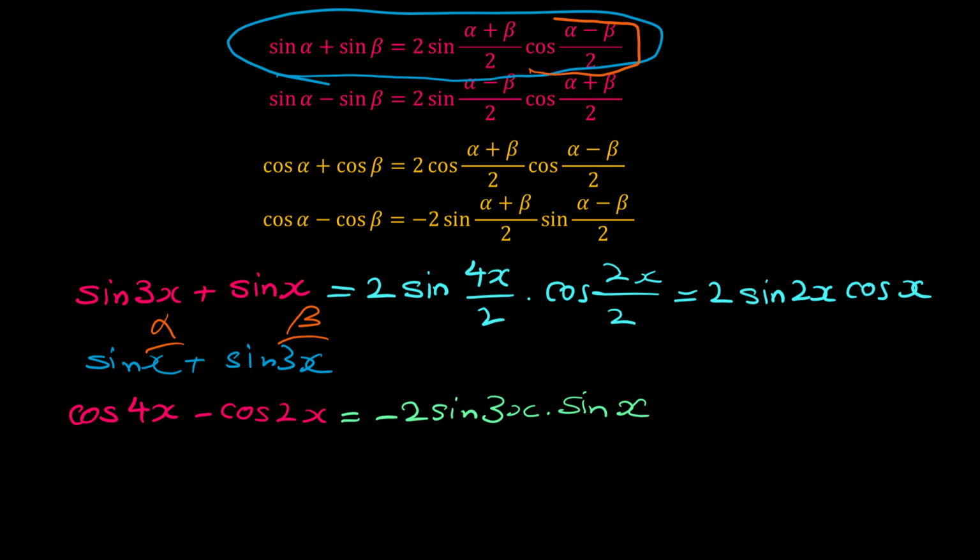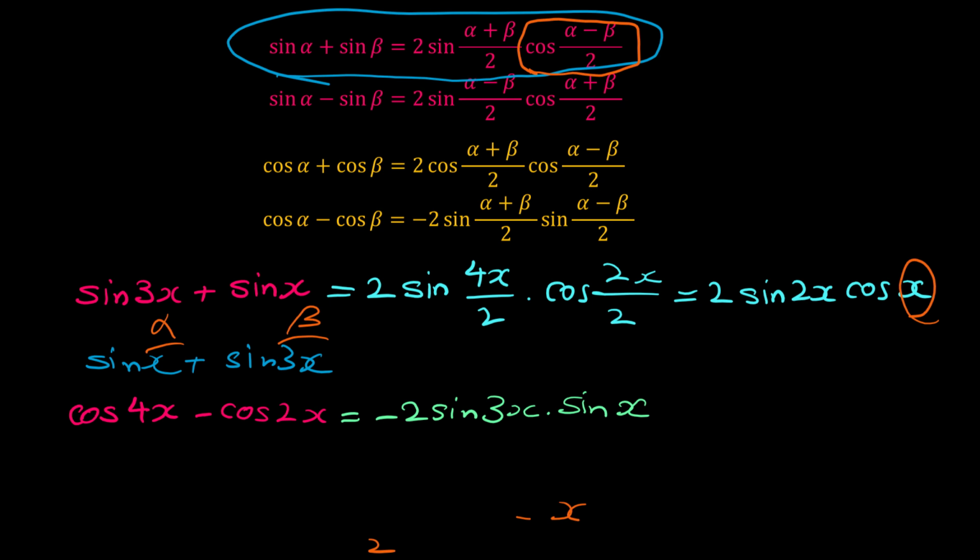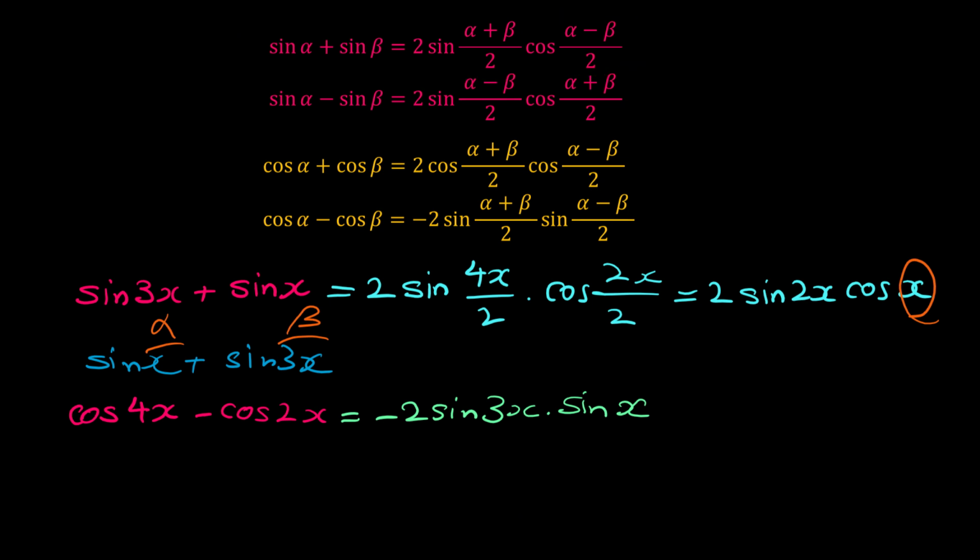Then this part would change for you because alpha minus beta would be x minus 3x. And x minus 3x is negative 2x. And then when you divide this by 2, you have negative x, which is different than x here. But does this change the answer? Let me explain this here for you.